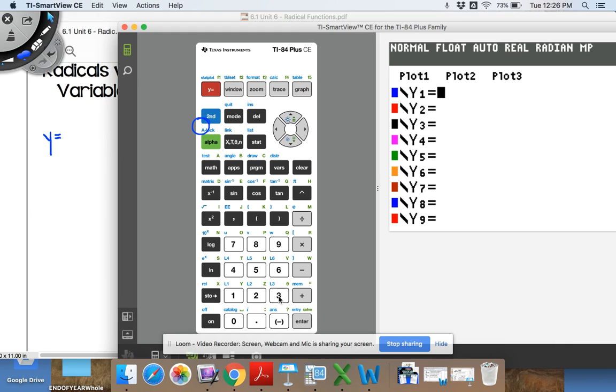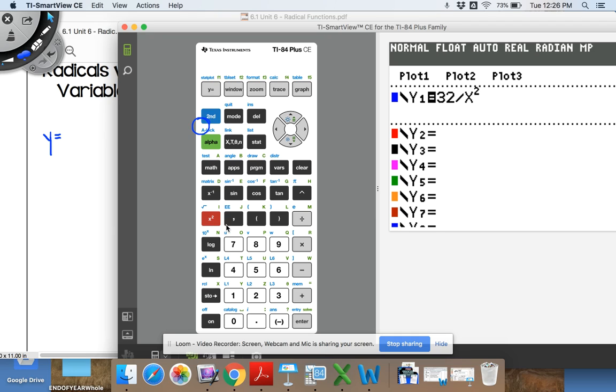So y equals, and we're going to type in 32 divided by, since the index is a 2, we're going to divide by x squared. So I'm going to do 32 divided by x squared because of the index.